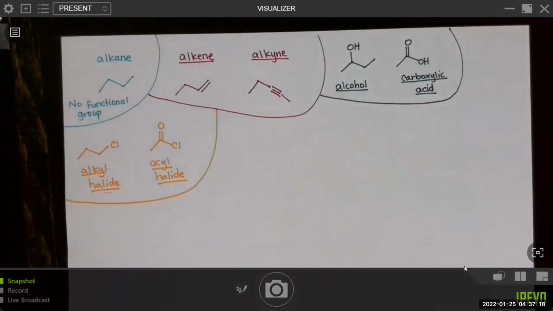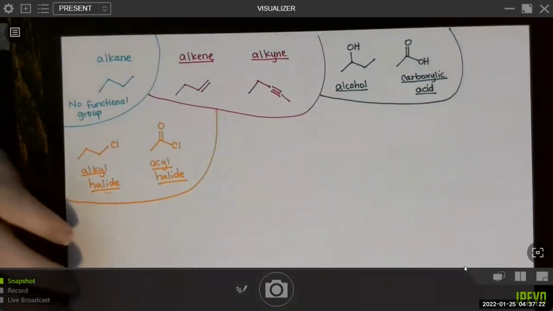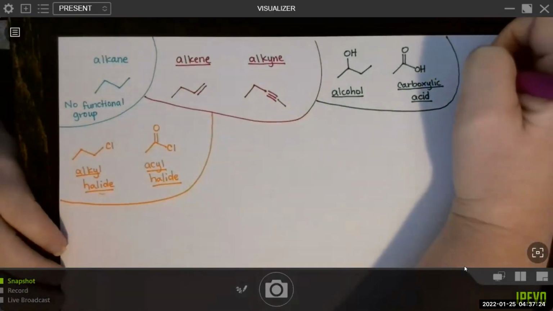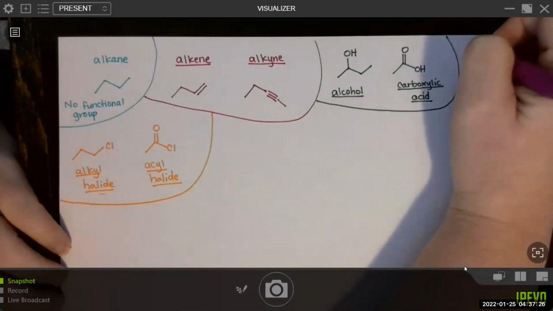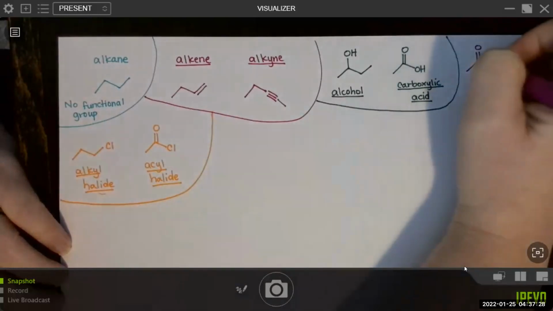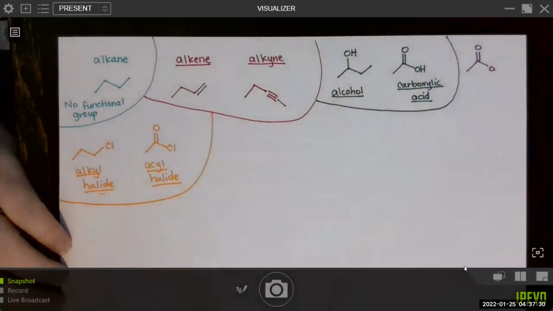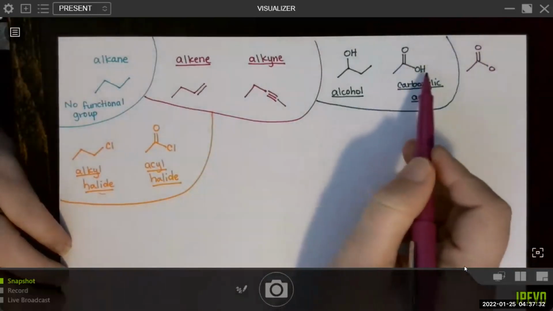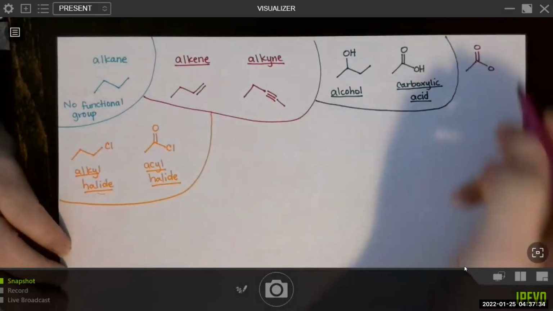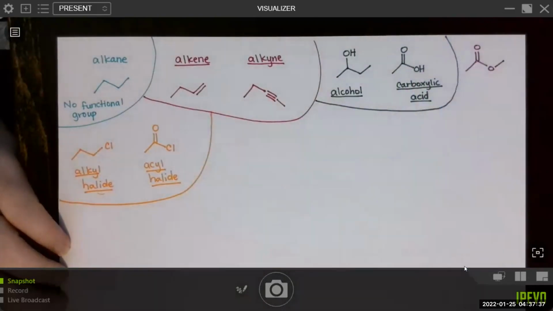Let's look at another one that's really similar. What if there's a carbon double bonded to an oxygen, bonded to an oxygen, so it's very similar to the carboxylic acid, but is now bonded to another carbon?